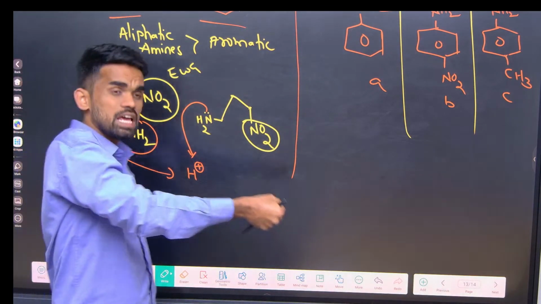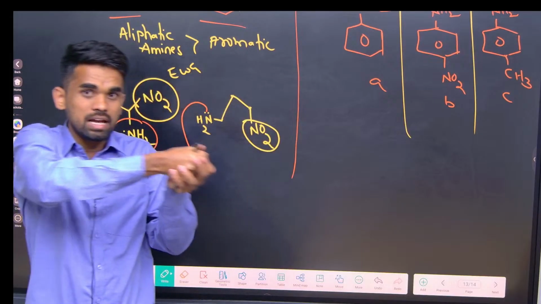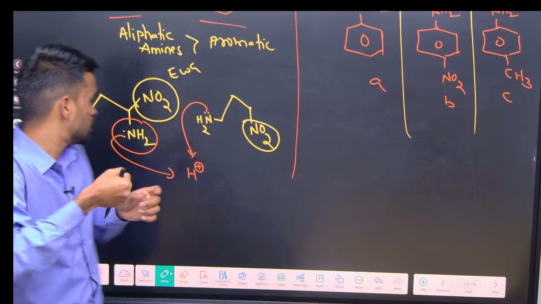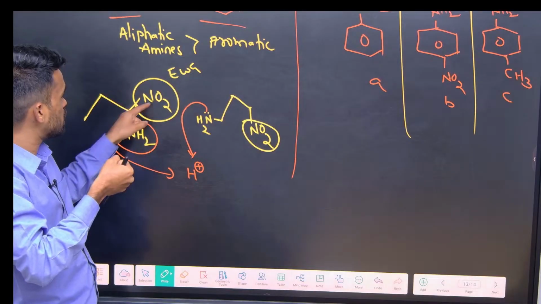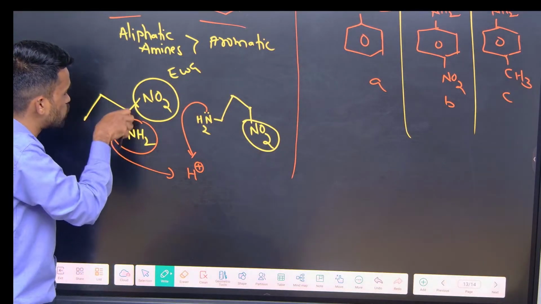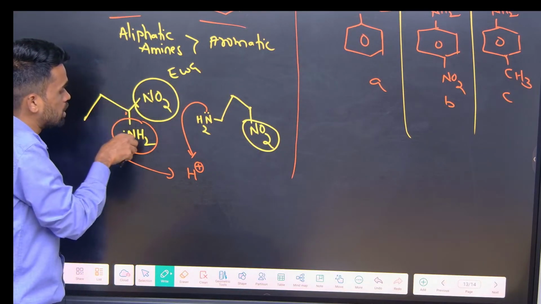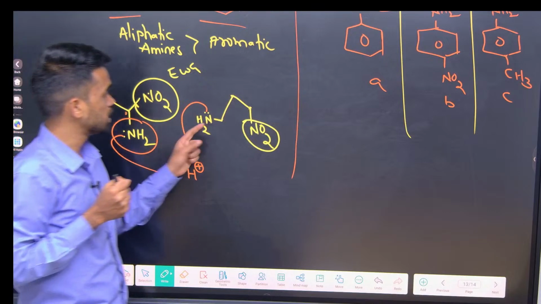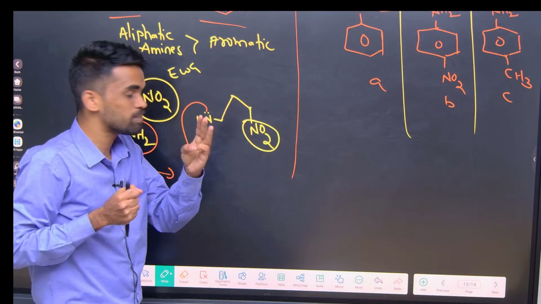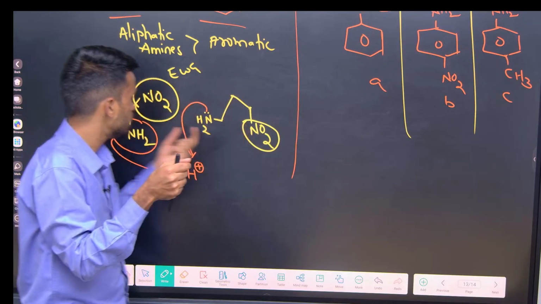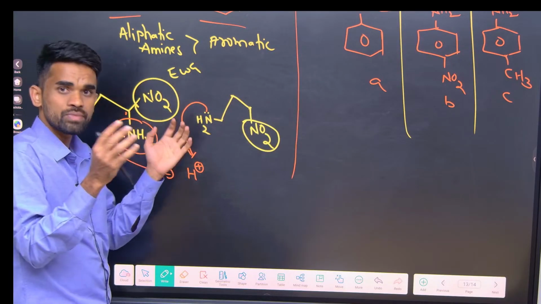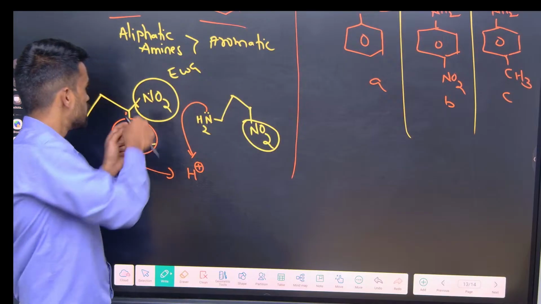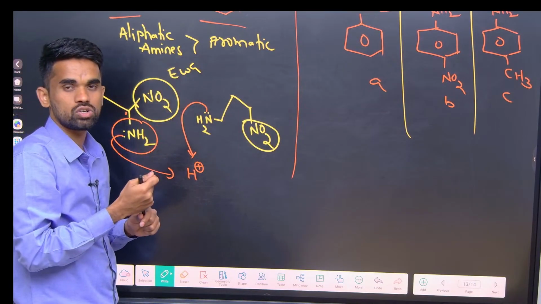More minus I effect means the nitro group will drag the electrons from the nitrogen, so they are not freely given. See how close it is: just one carbon between the nitro group and the nitrogen of the amine. But here there are three carbons in between, so it is far.